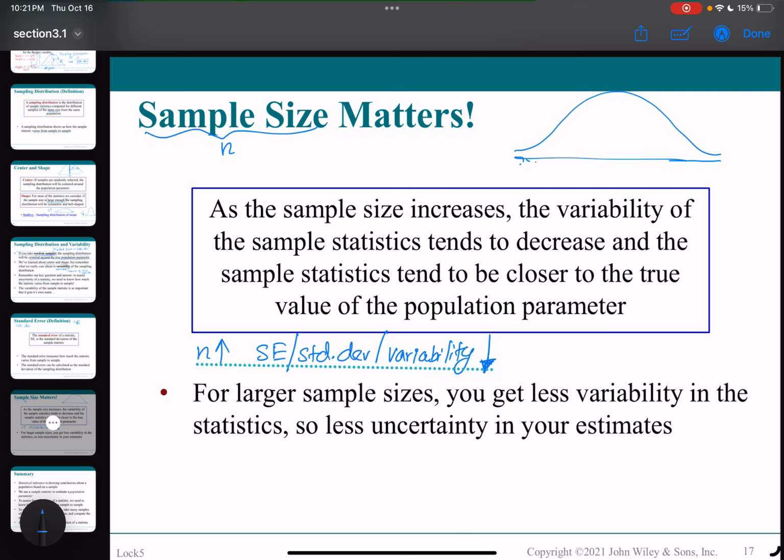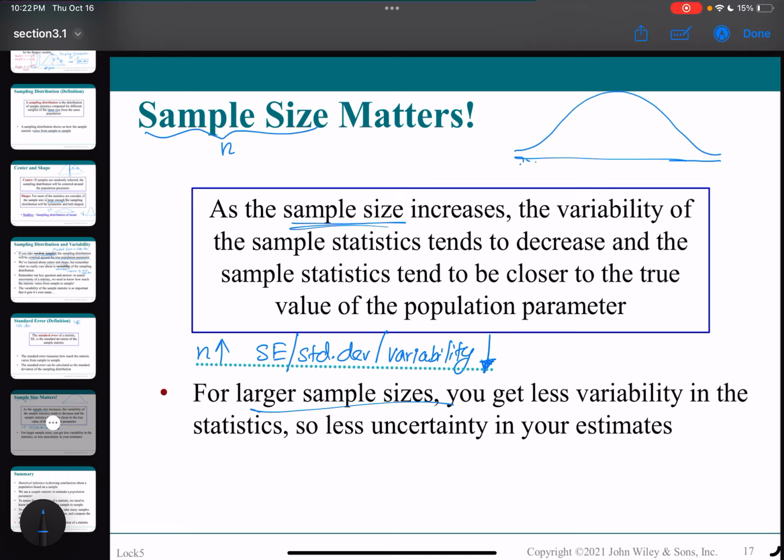On the other hand, this is about sample size. If you pick one sample, how many elements or objects are in that sample, that's the sample size. When sample size goes down, the smaller samples have very big variability.